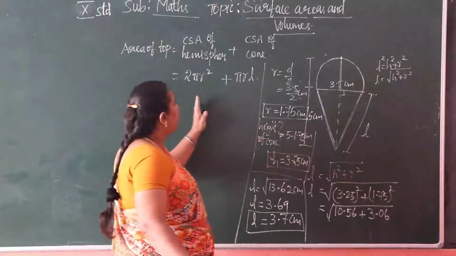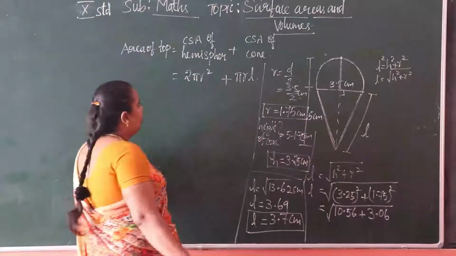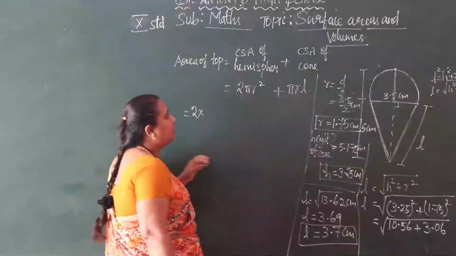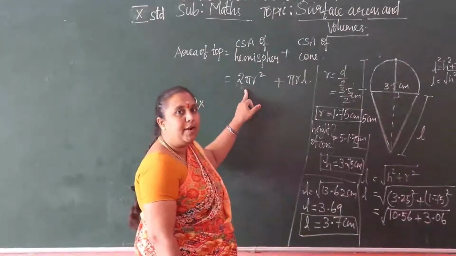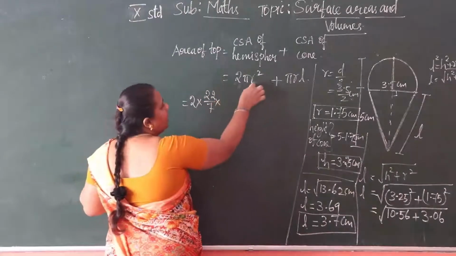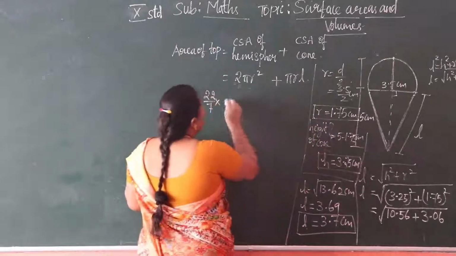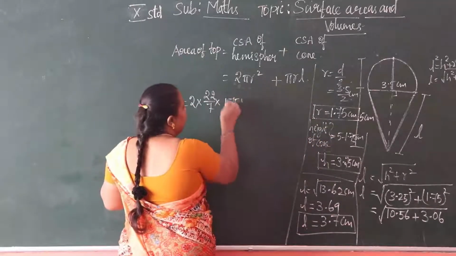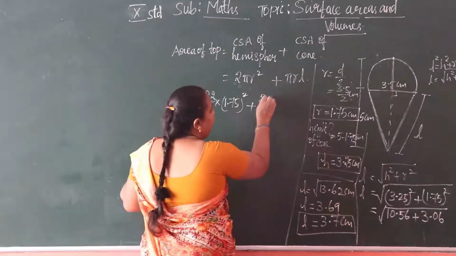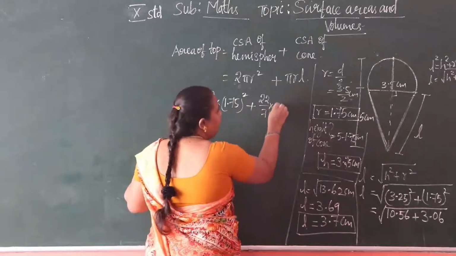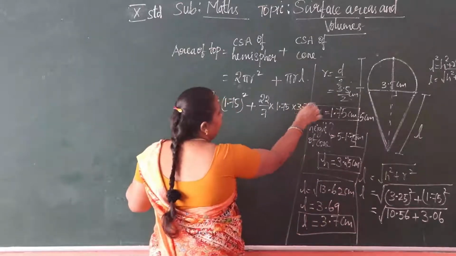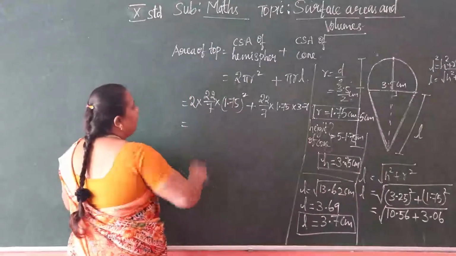Now we have to substitute in the formula. So 2 into pi. What is the value of pi? It is given in your question, 22 by 7. So 22 by 7 into R square, where R is 1.75 square, plus pi value 22 by 7 into R value 1.75 into L, which is 3.7. We have to simplify this.